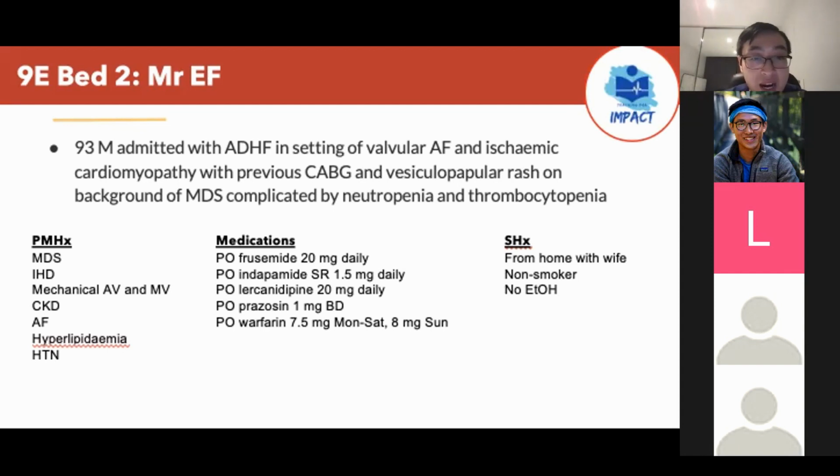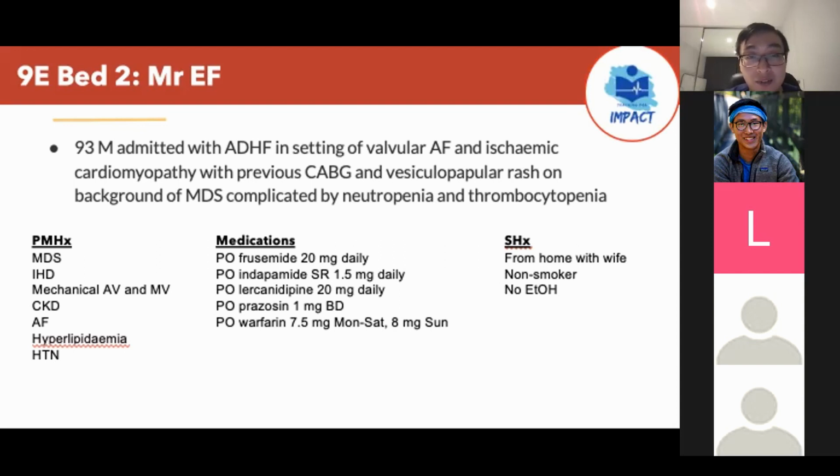Cool. It's a dihydropyridine calcium channel blocker, so it acts on the vascular smooth muscle. There are only really two non-dihydropyridine calcium channel blockers that you need to know. One is diltiazem and the other is verapamil, and they act on the heart.